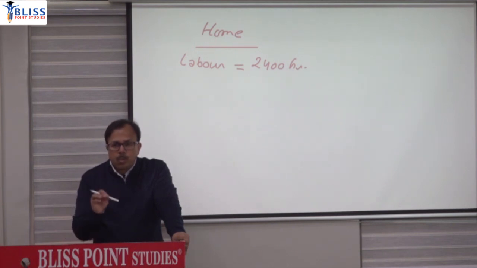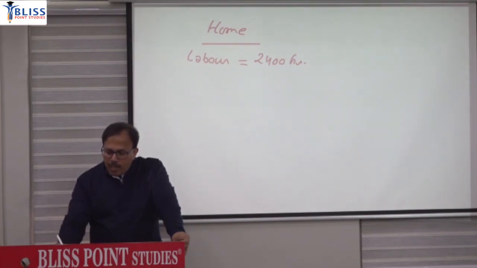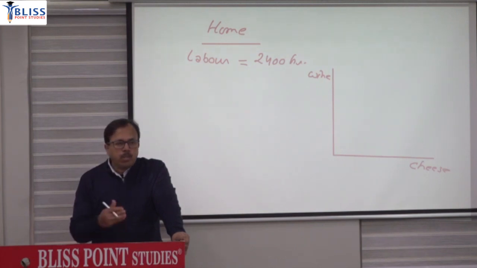It is not 1 person, 2 persons. It is 1 labor hour, 2 labor hours, and so on. Now question is, in that labor hour, how much quantity of cheese and how much quantity of wine can be produced? What is the production possibility of this country?